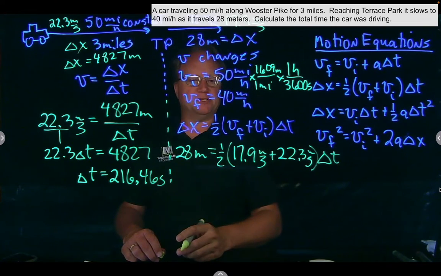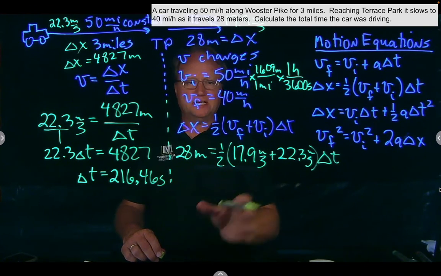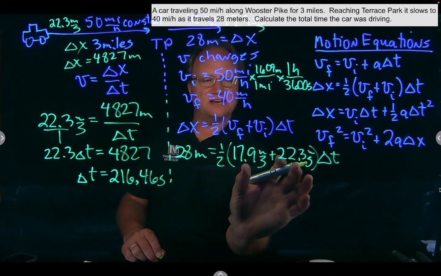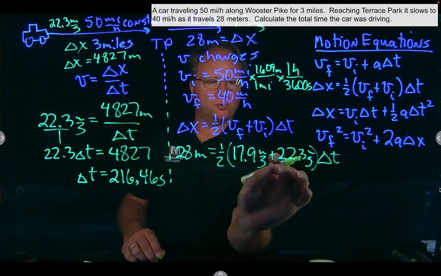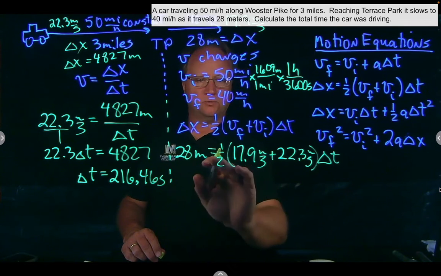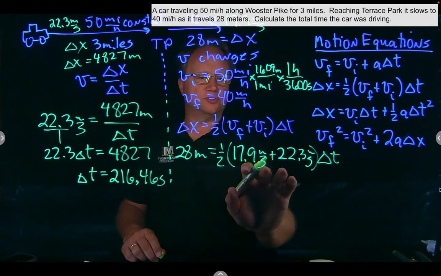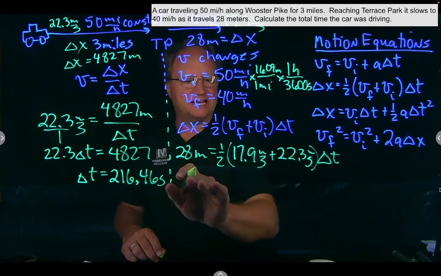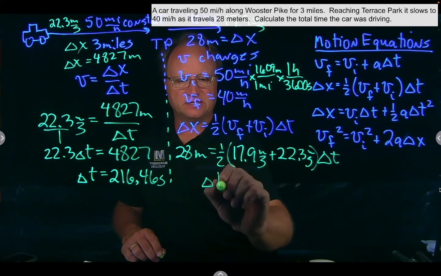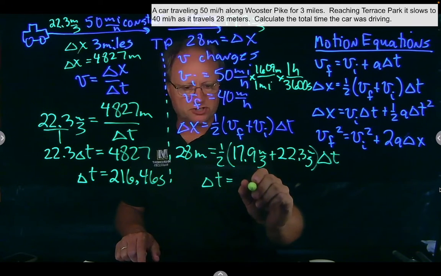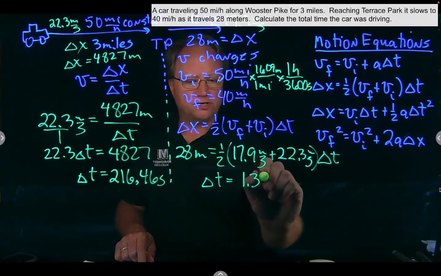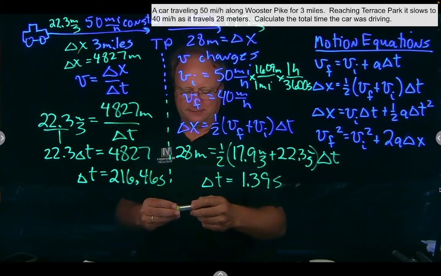And then time is what we want to solve down for. So then mathematically, we're going to add the 17.9 and the 22.3 to get a number. We're going to take half of that number, and then we're going to divide that over to the other side. So then when we do that algebra, we solve down, and we get 1.39 seconds.